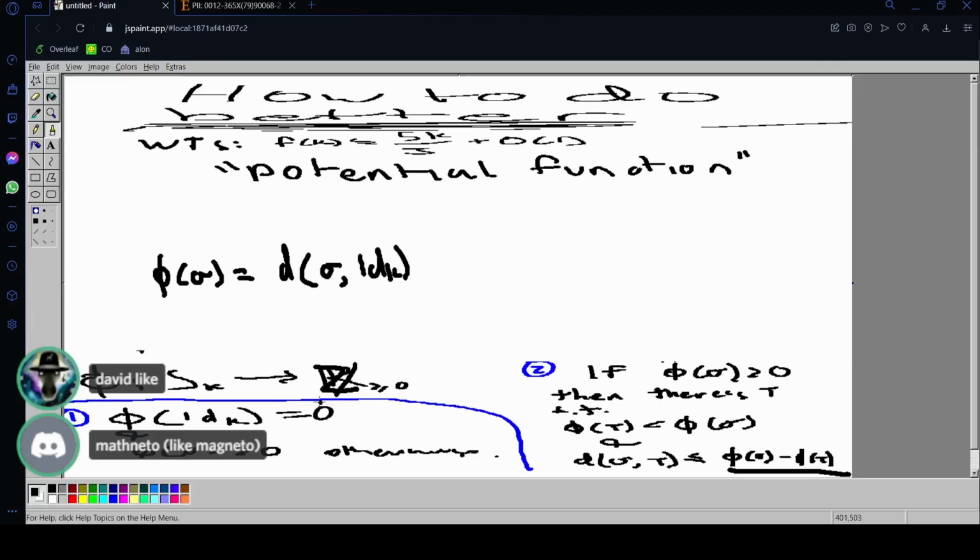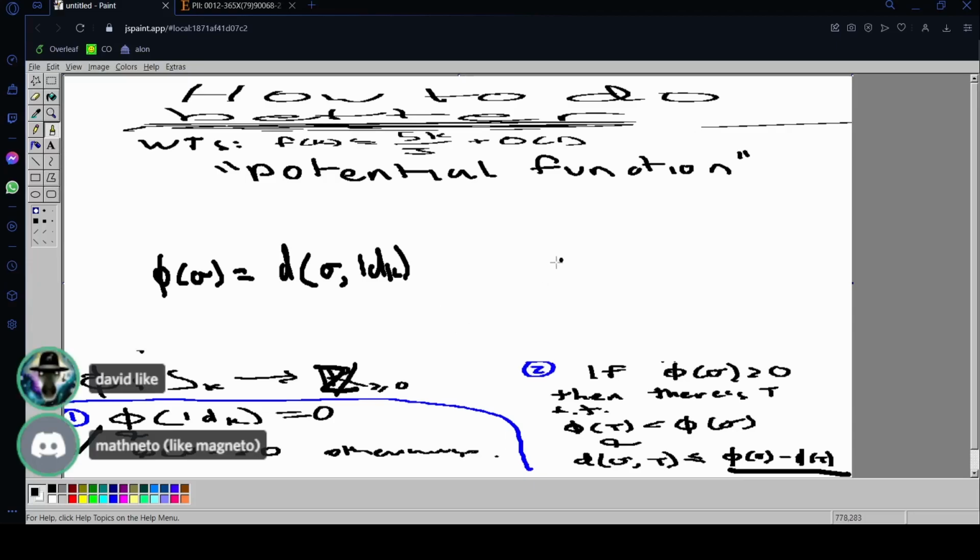It's already sorted. And if it's not the identity, you need at least one move. So the first condition works. And for the second condition, it's not as obvious, but it's also true, essentially by pretty much the triangle inequality.